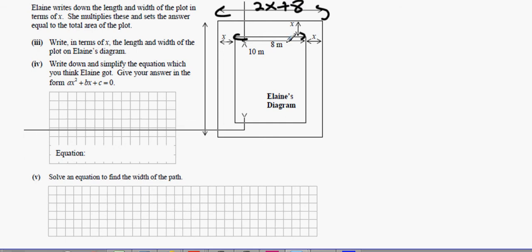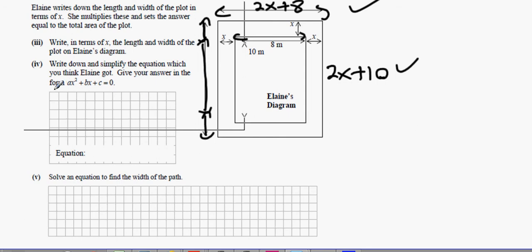Then on the bottom it's x from here to here, 10 from here to here, and then another x from here to here, and that's going to be 2x plus 10. Okay, write down in terms of x the length and width of the plot on Elaine's diagram. Done. Next thing, write down a simplified equation which you think Elaine got.